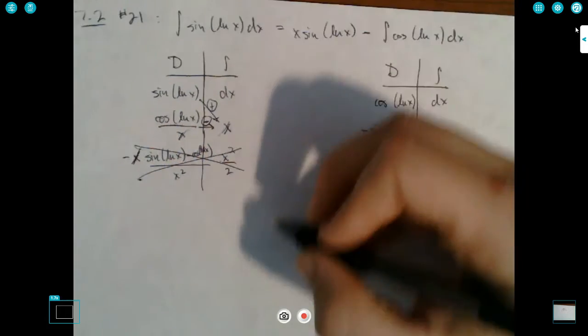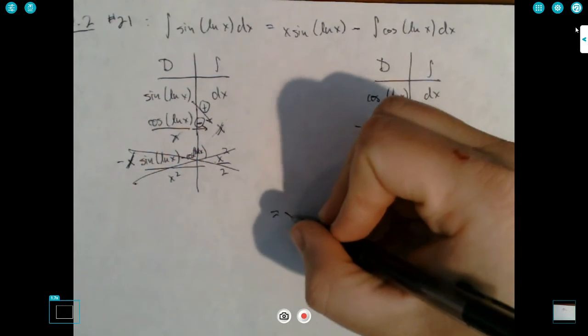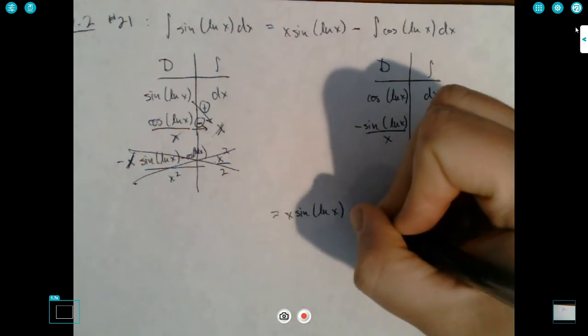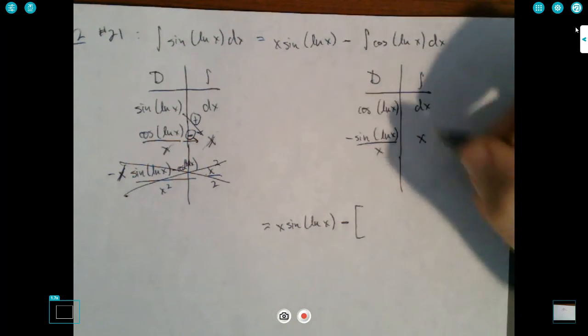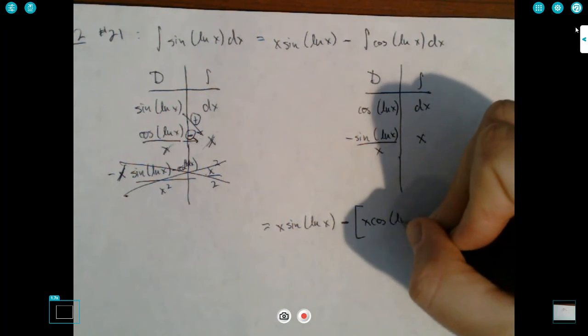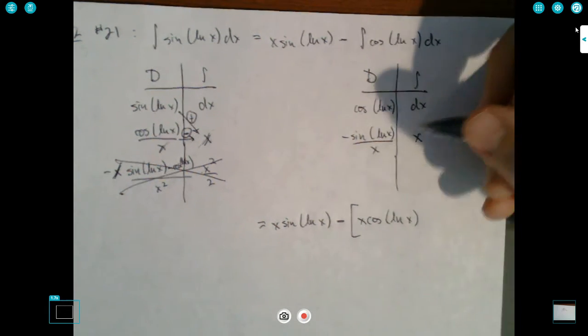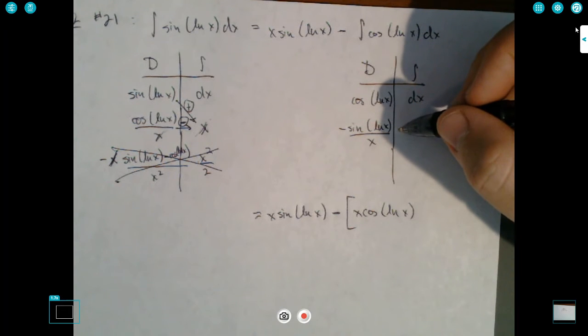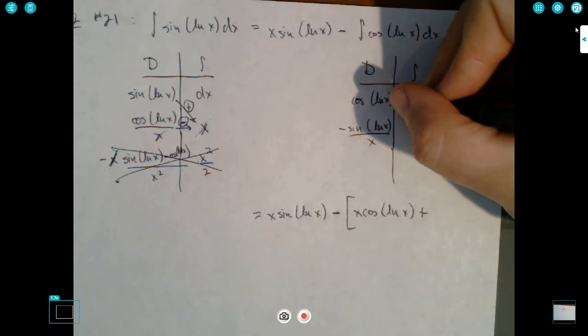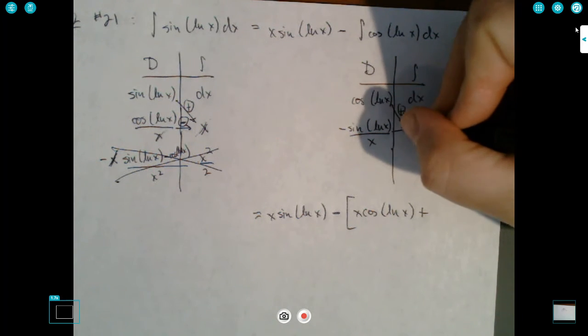So bringing this equality down, I've got x sine of ln of x minus x cosine of ln of x, and then minus a negative, so that'll be a positive. So I'm doing plus, minus.